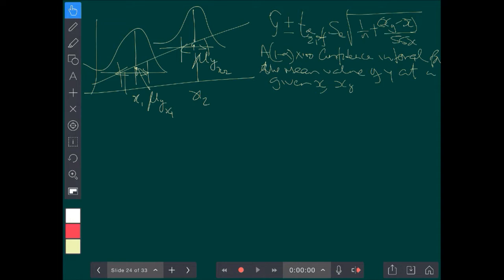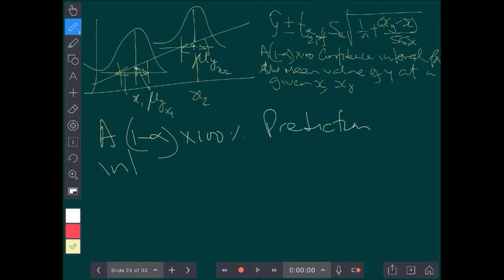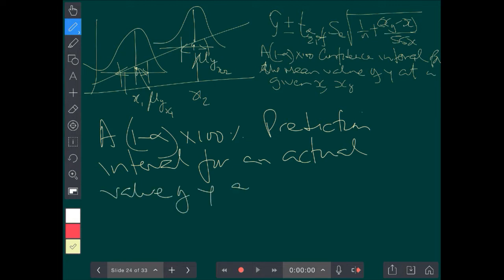So a 1 minus alpha times 100% prediction interval, we call that one, for an actual value of y at a given x.